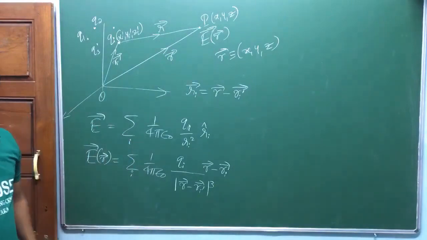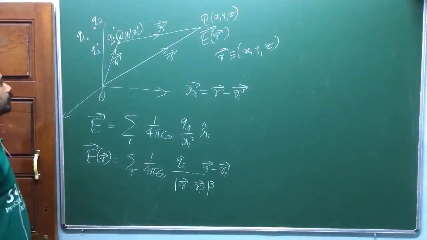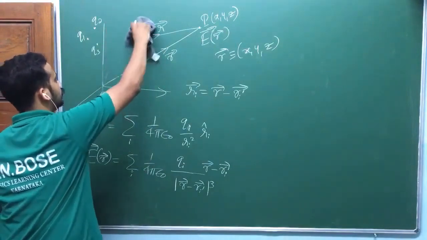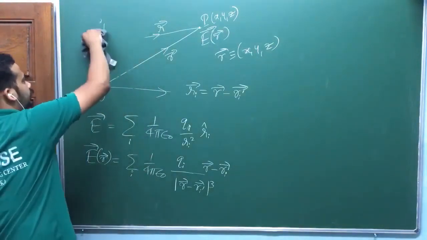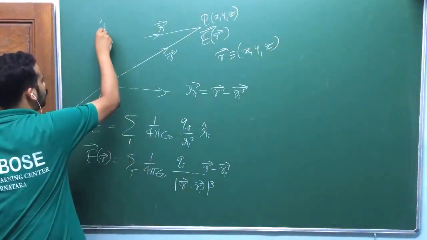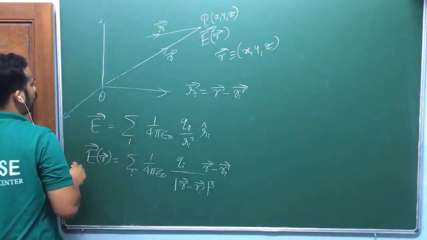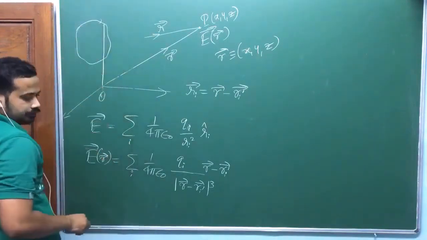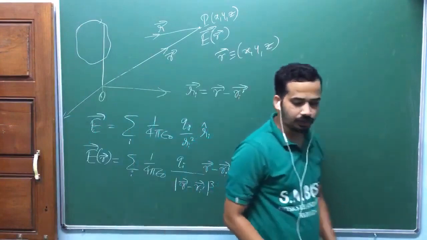Now what I do is, I'll take the similar situation, but in this case I'll take continuous charge distribution, not point charges.